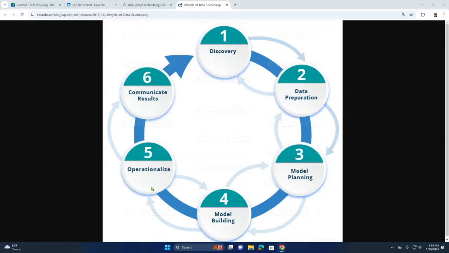By the way, you don't have to worry in this course about having to actually put your stuff into production or to actually get somebody to use your work. But operationalize might be a section in your paper where you talk about the potential contributions, potential benefits. Maybe you'll talk about future things that need to be done in order to get your work to the state that it can be used. There may be limitations.